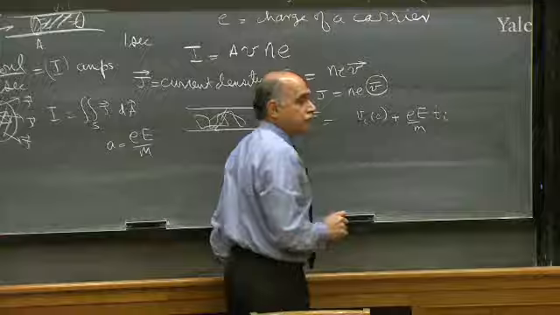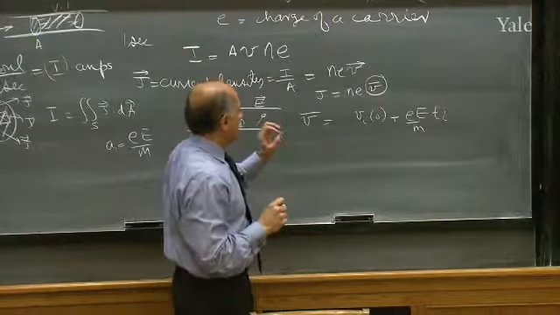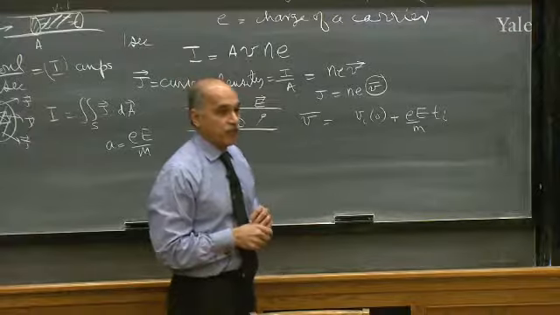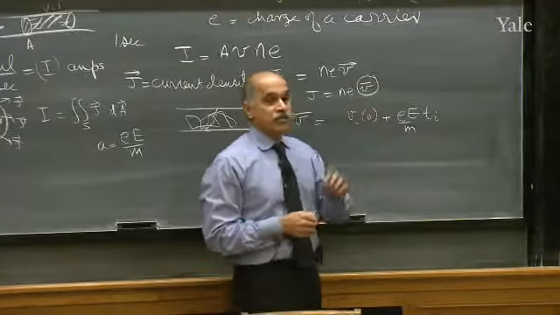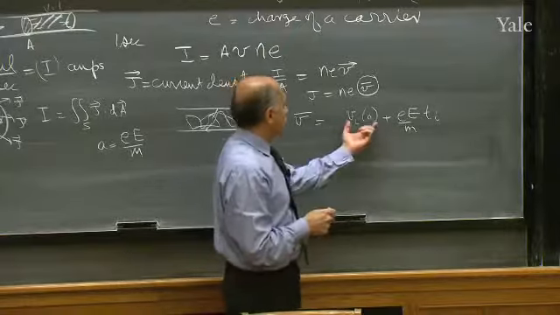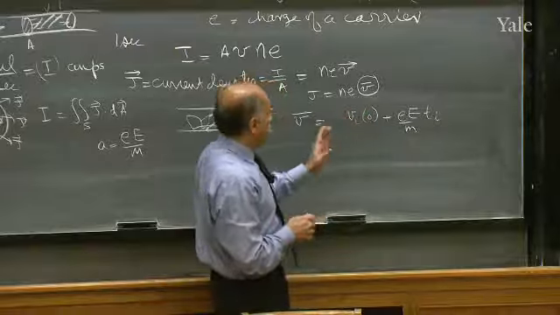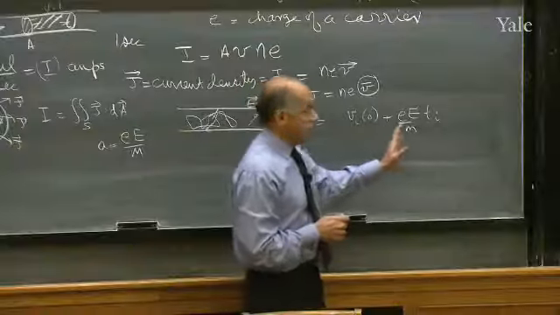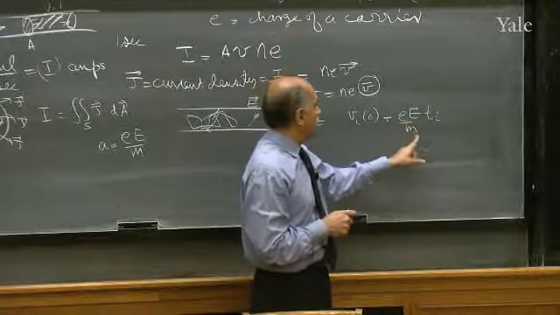In other words, let me explain to you slowly what I mean. Take particle number i. Let us say it has been Ti seconds since it had its last collision. So just after the collision, it has got an initial velocity, which is completely random. But since then, because the electric field has been accelerating it and it has not collided with anything yet, its velocity will be E over m times Ti.